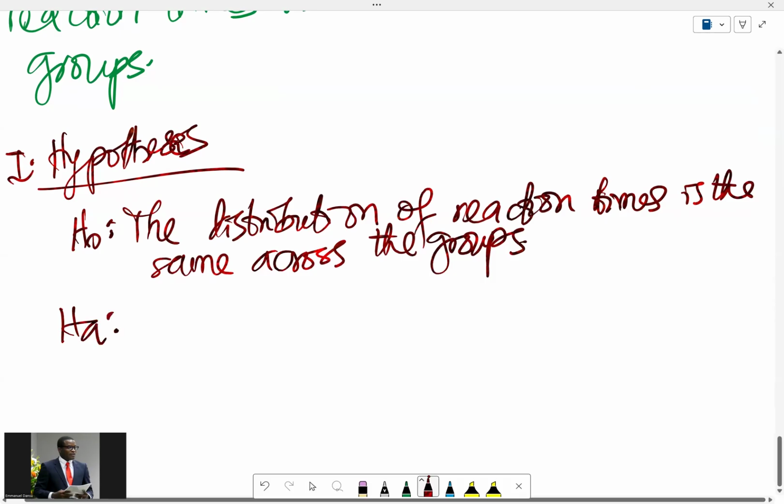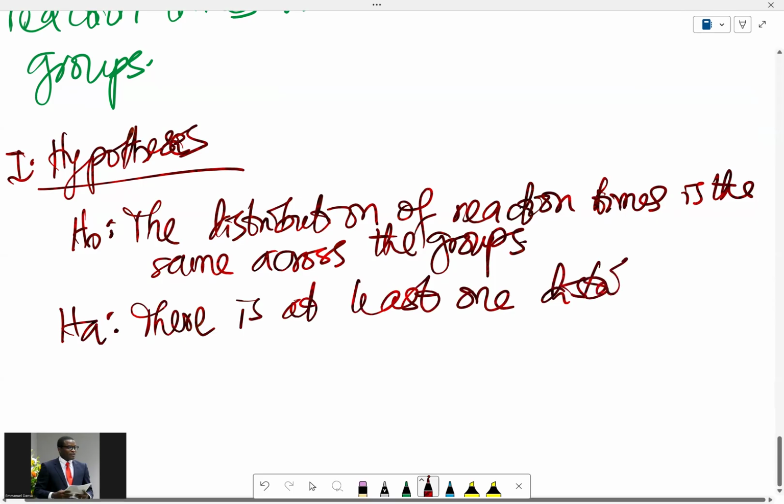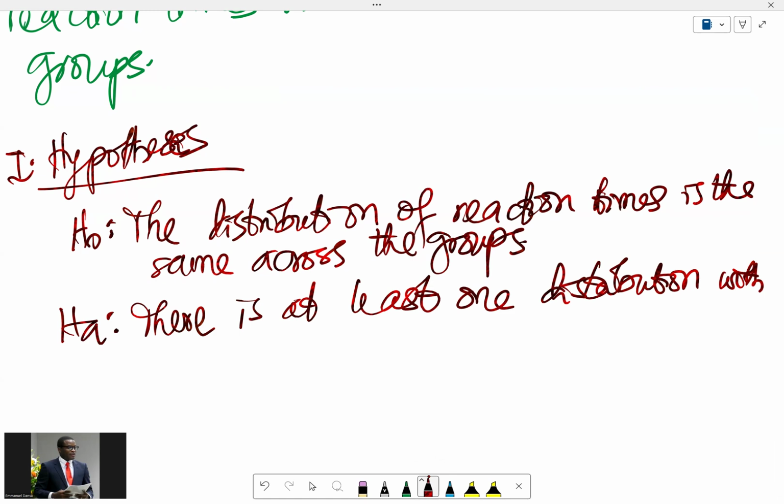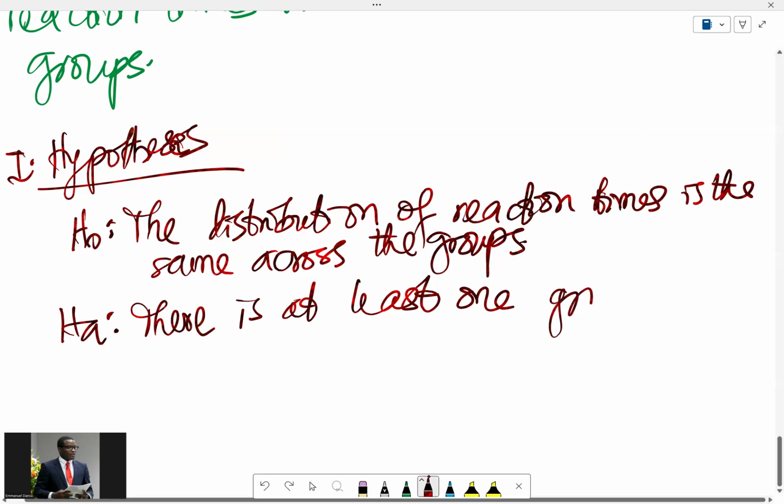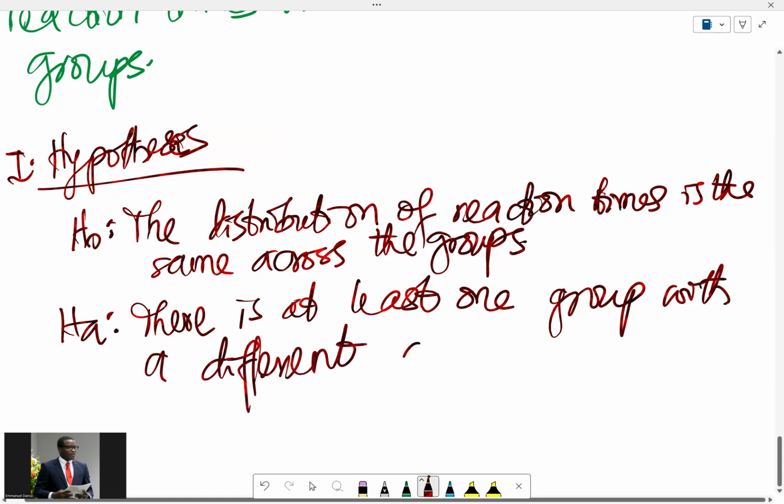The alternative hypothesis will just be that there's at least one group with a different distribution, okay?